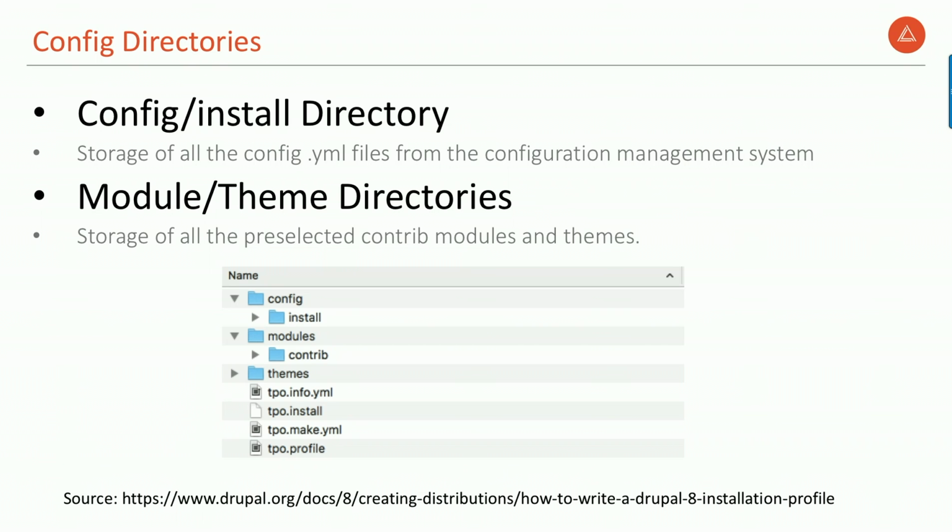The modules, this is where you'll store the modules that you want to be kind of packaged with your distribution moving forward. So use this primarily for locking in the modules that you need at particular versions.